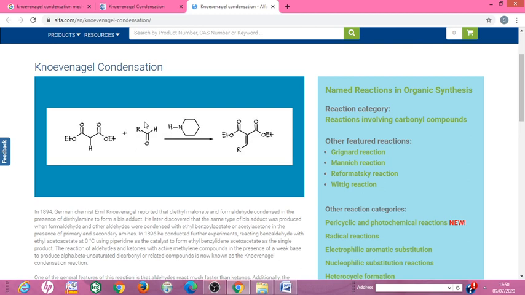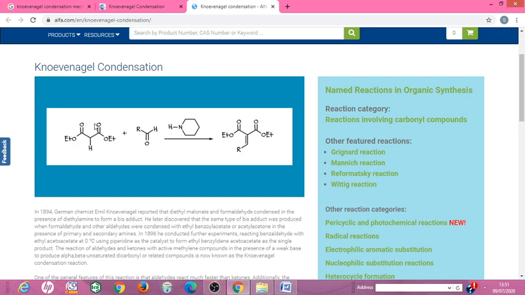And in this aldehyde, there is absence of alpha proton. The examples of such aldehydes are benzaldehyde, formaldehyde, etc., which do not have alpha protons. The aldehyde which does not have alpha proton undergoes condensation with the compound containing active methylene group.